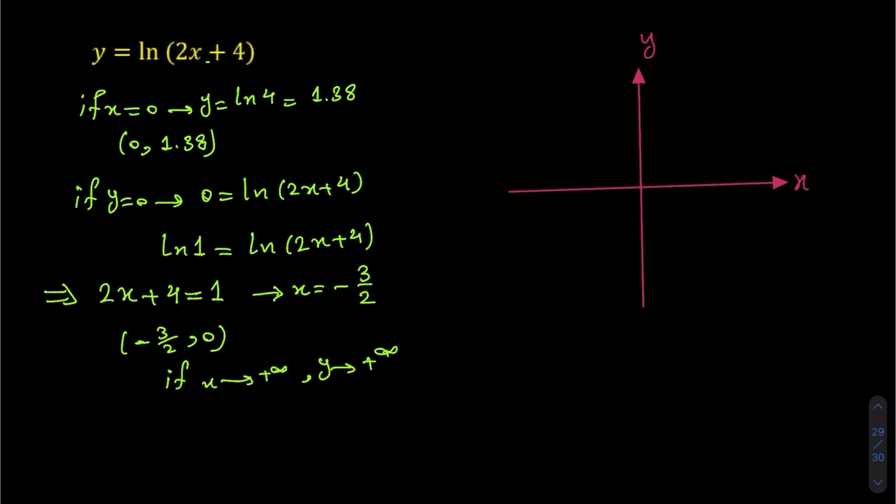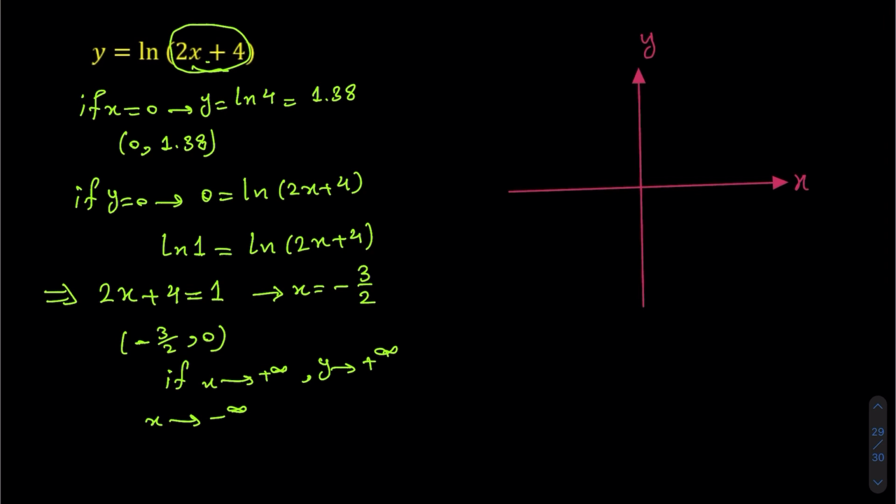But can we say x approaches negative infinity? Well, here, because it's a logarithmic equation, we have a limitation. We cannot say x approaches negative infinity, because to make this equation valid, this expression here should never go below a certain point, and that point is that it should always be positive.